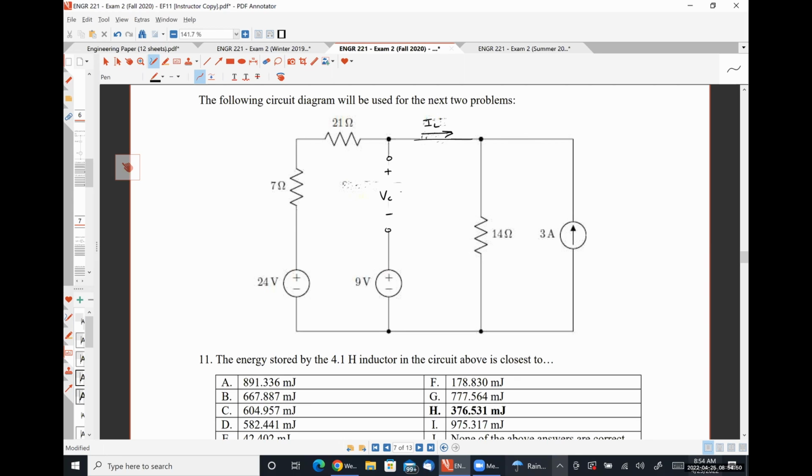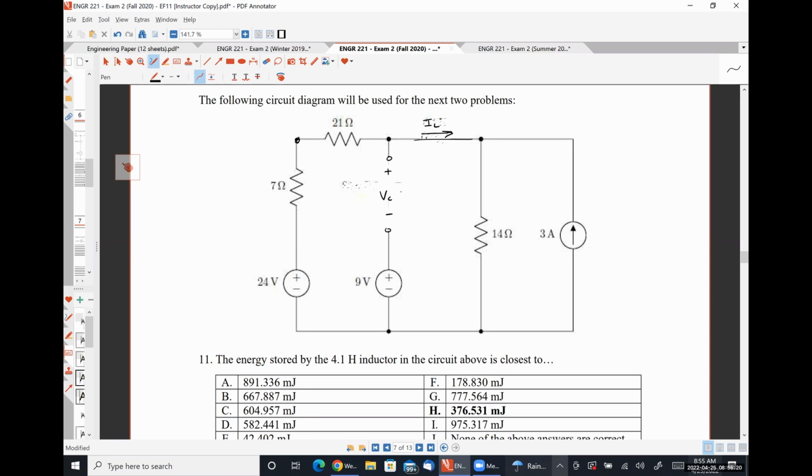So how could we go about solving for those two quantities? Anybody have any thoughts? KCL, okay. So this node right here, that can be of use.